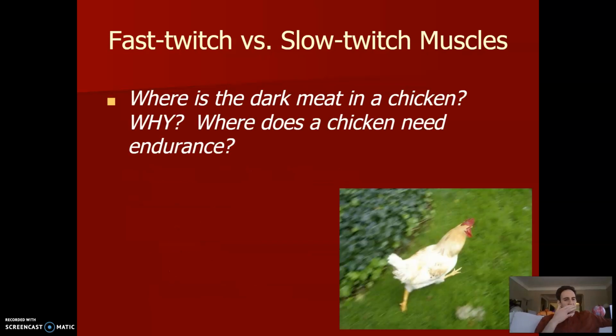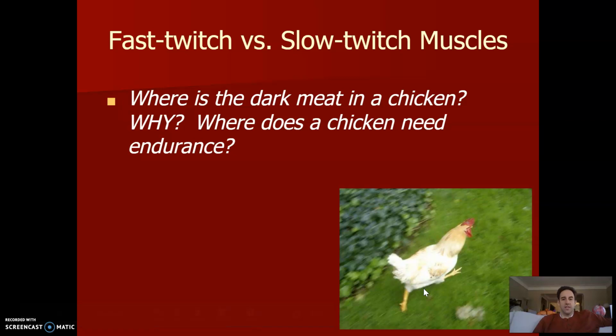So, if you think about a chicken, the dark meat in a chicken is in the legs and thighs, while the light meat in a chicken is in the breasts. Why is that? Well, if you think about what a chicken does all day, it just walks around. So it needs its endurance in its legs and thighs so it can walk around all day.